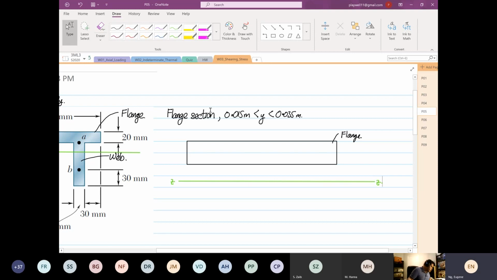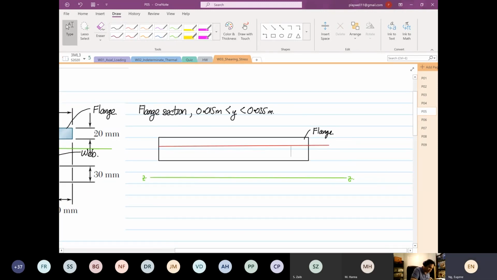So what we have decided to do is we're going to form an equation of the first moment of area. We are going to keep the y variable over here. So over here, this is our y, and this is the area that we're interested in for now.